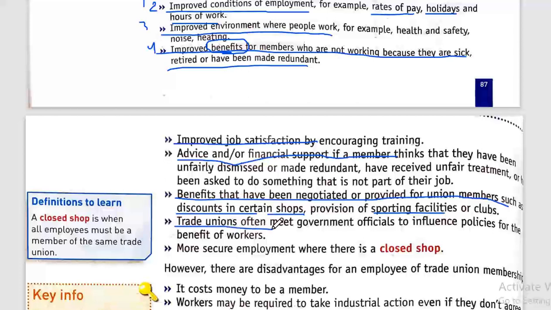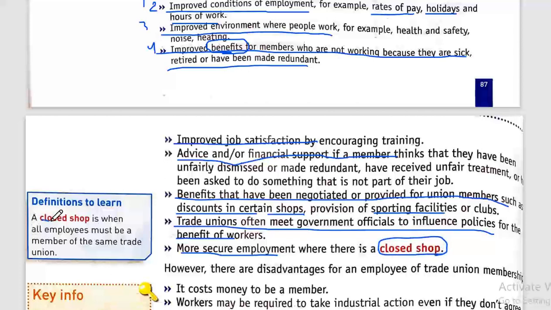Trade unions often meet government officials and influence policies for the benefit of workers. So if this trade union is big enough, they can meet government representatives and they can actually influence specific laws or governmental policies. More secure employment where there is something called a closed shop.